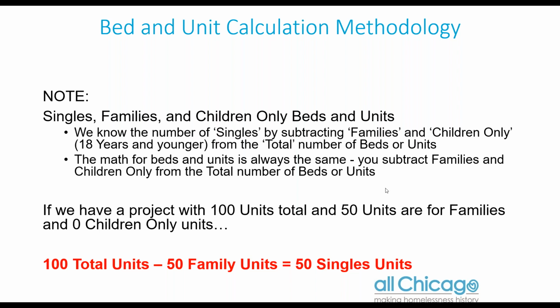So I had 50 units filled the night of the 23rd with individuals that are singles, so 50 people in those units. And then across my 50 family units, I have however many people would occupy those. But I would know the families and the singles unit numbers very clearly.